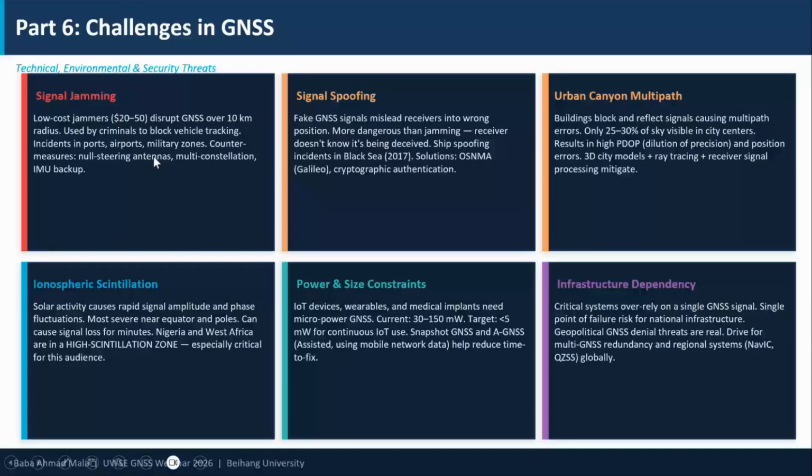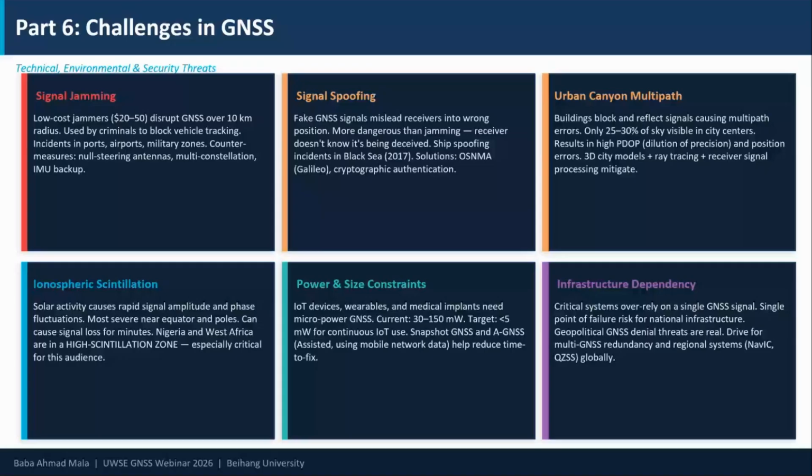Next, the problem of GNSS includes spoofing. It is even more dangerous than jamming. Signal spoofing works like this: instead of blocking the signals, a spoofer broadcasts fake, slightly more powerful GNSS signals, tricking the receiver into calculating a false position. The receiver has no idea it's being deceived. This has been used to hijack ships.